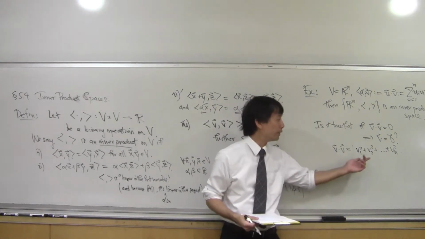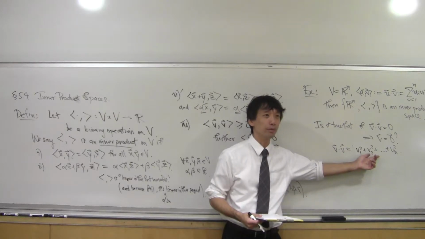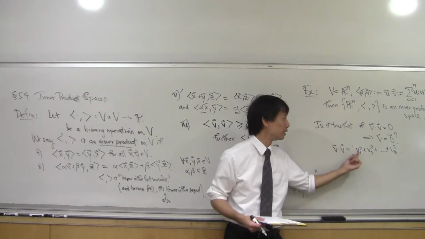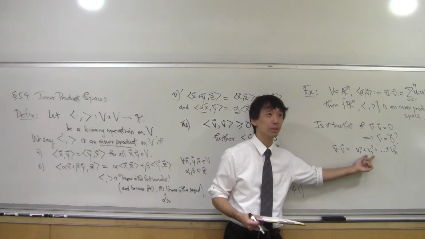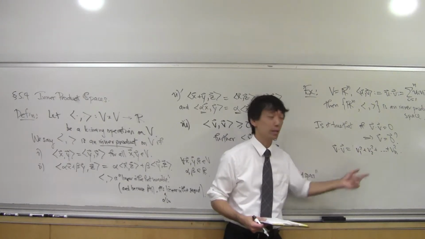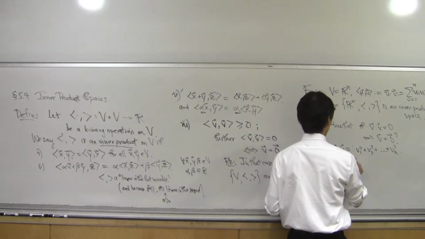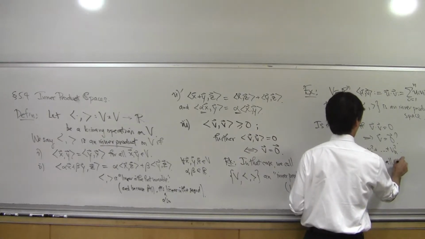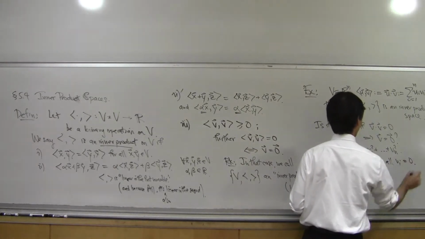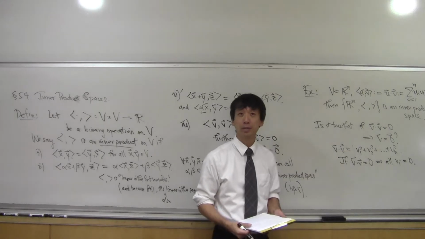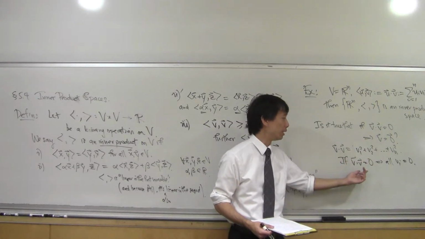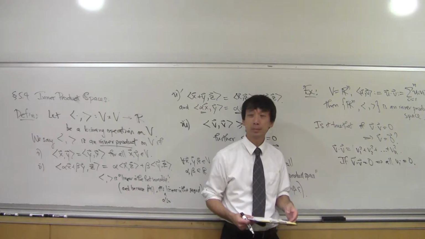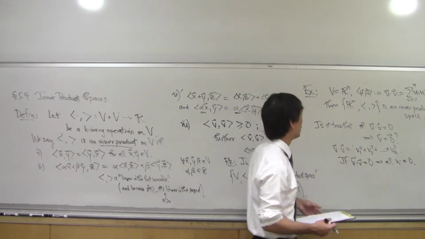And if that equals 0, then what do you know? Then they all have to be equal to 0, because these are non-negative numbers, right? If v dot v equals 0, then all vi must be equal to 0, because if you have somebody who's non-zero, you're not going to get 0.